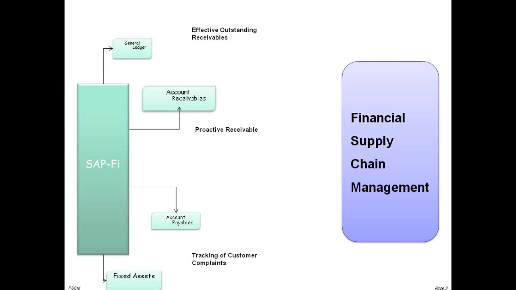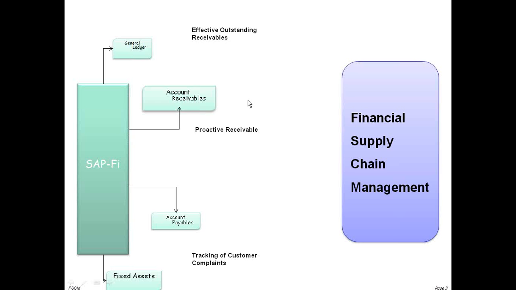Another big challenge is tracking customer complaints. This is also an area where you can have losses in terms of incoming payments. I am classifying these because I need to link all these challenges to financial supply chain management.